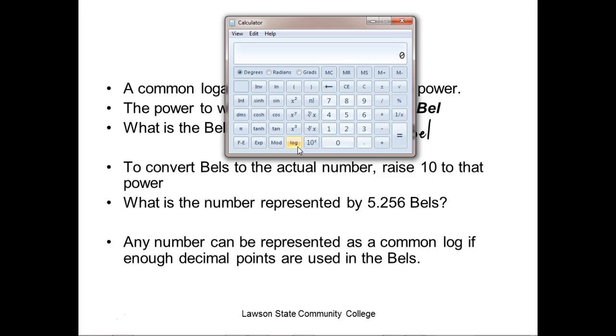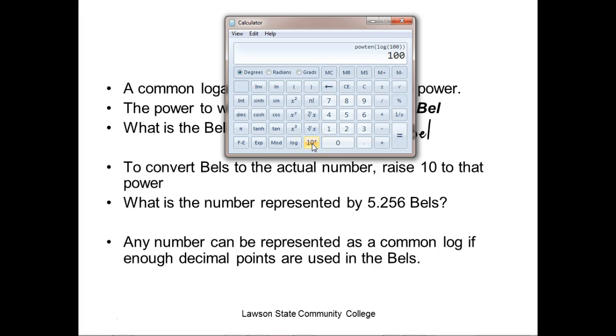So here's log right here. What's right beside it? So I can enter a number like 100, and I hit the log of that, and it comes up and says 2, which is what 10 would be raised to. Well, if I wanted to find the number, I could just hit 10 to the x, and it comes up and gives me 100.